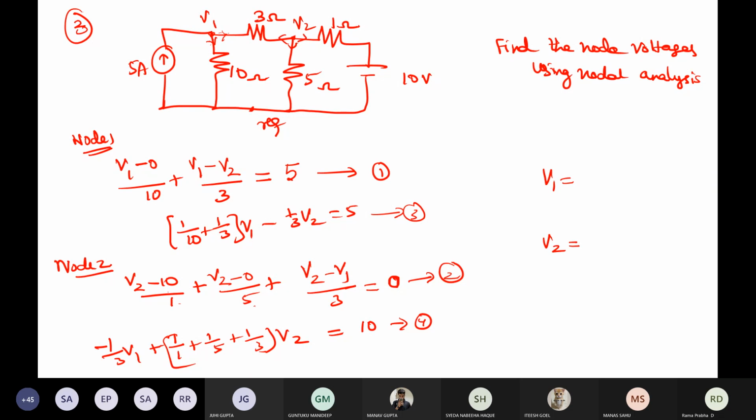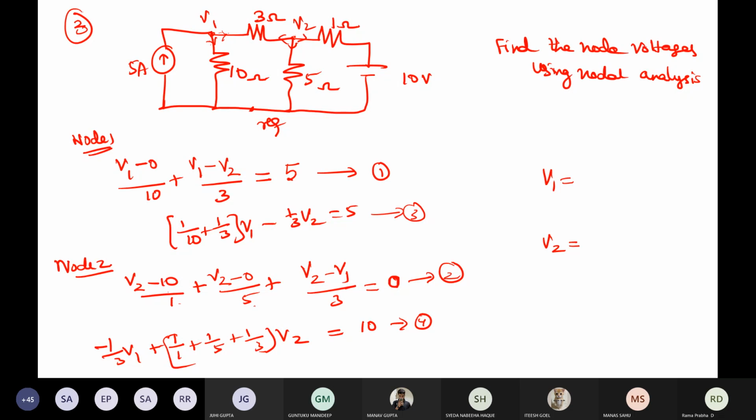Another thing is also there: by just seeing, the inspection method, you can do that. See, in this branch V1, what are the elements connected? For V1, you should have 1 by 10, 1 by 3 into V1. Between V1 and V2 there is only 3, so it will be 1 by 3, and because of the higher branching, minus will come. So this is equal to 5. Coming over here, this is the inspection method.